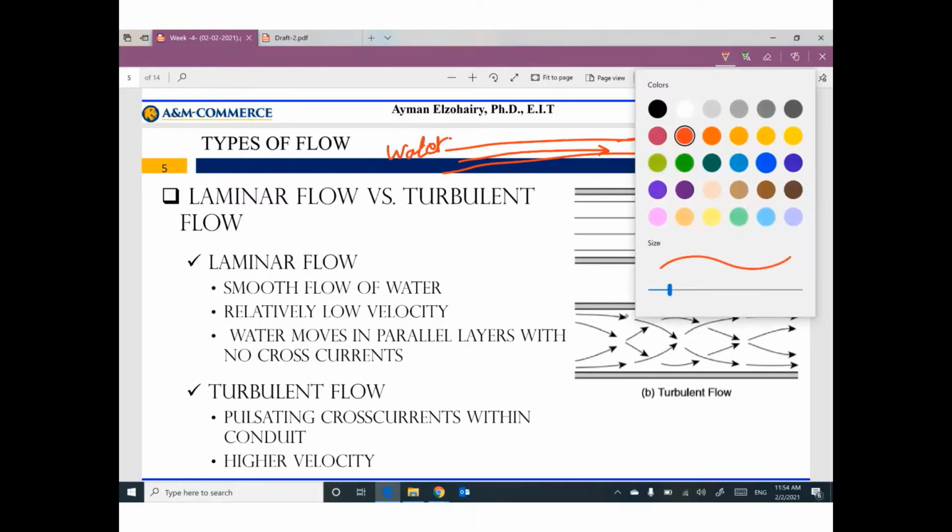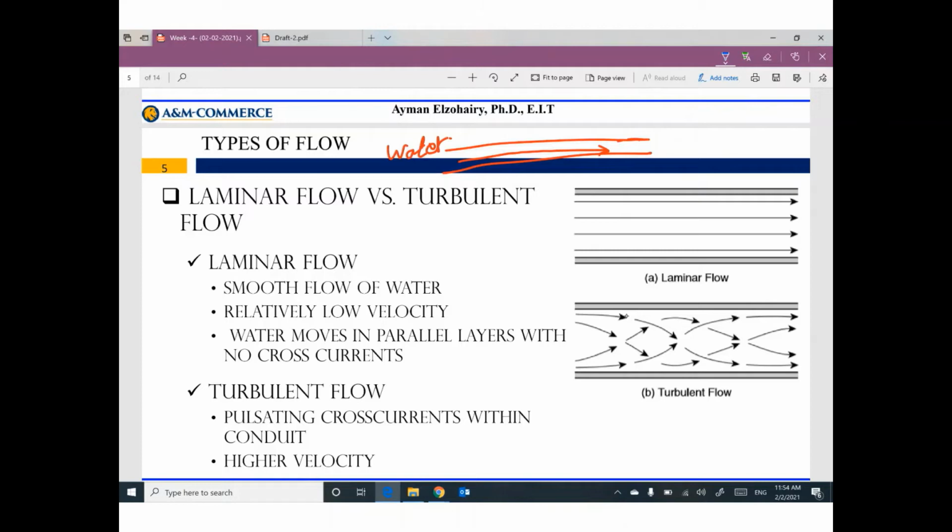The first one can be called laminar flow. The second one can be called turbulent flow. If you are in between, we can say a transition flow.